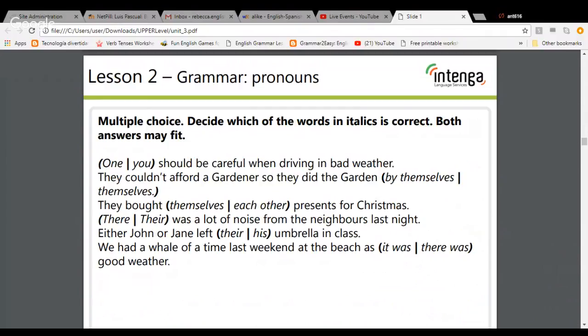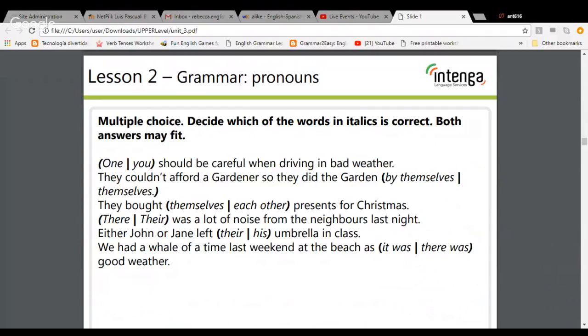In general, you is used in this sentence. Why? I think both are okay. In a formal situation, one can work, but usually you should is used in a colloquial way.